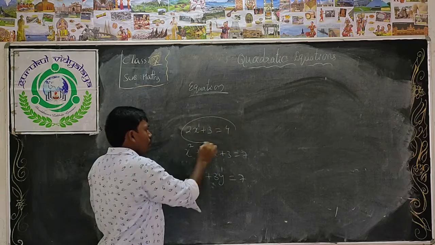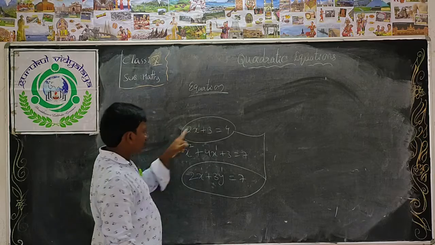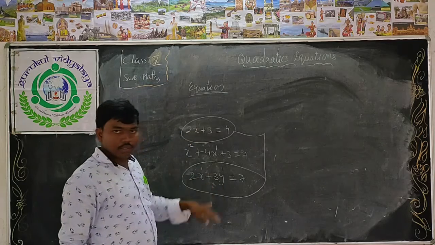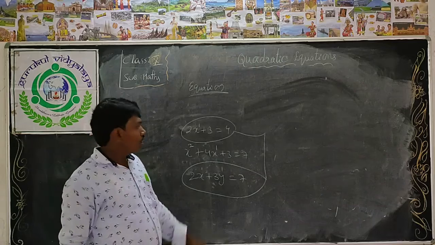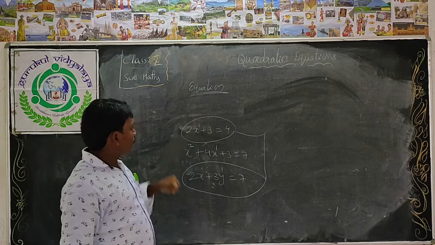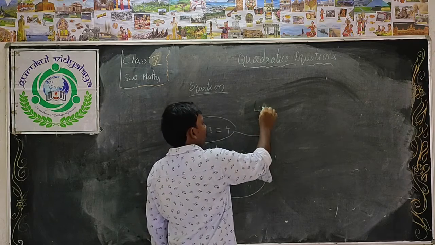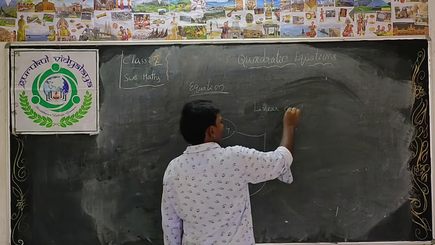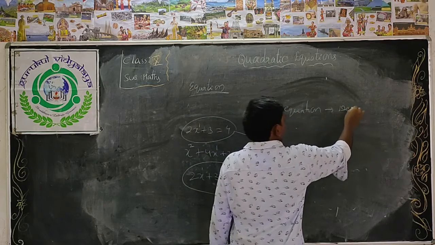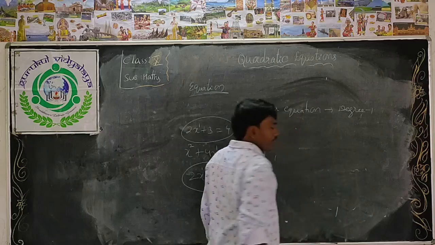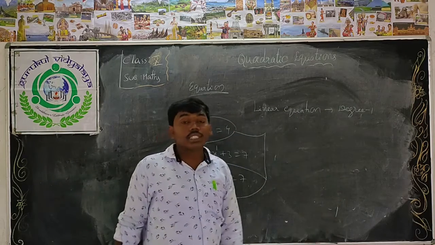The degree of the polynomial is 1. Don't add different variables. So the degree of an equation is 1. That is called a linear equation.